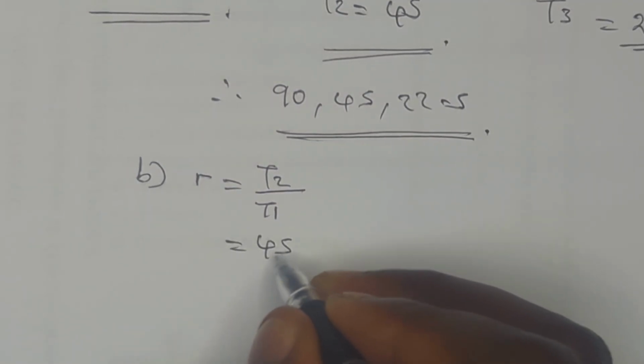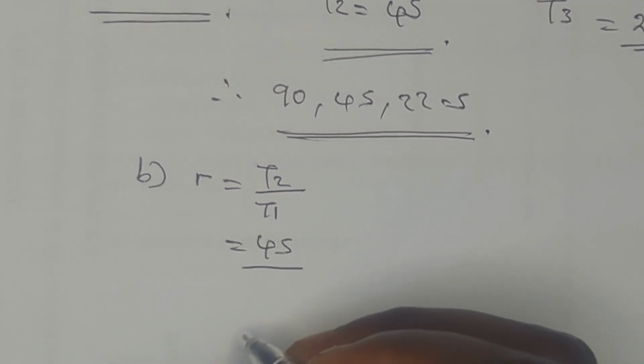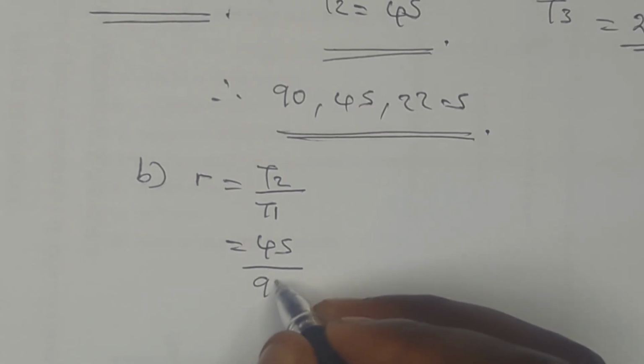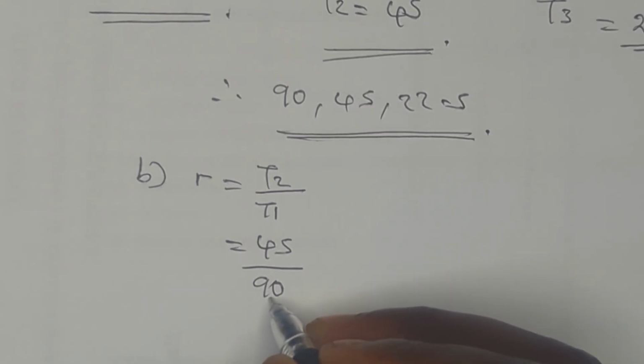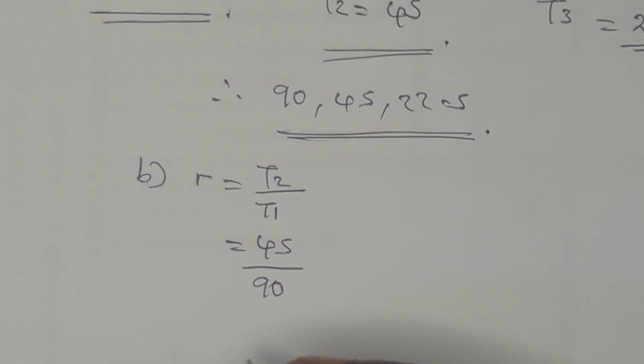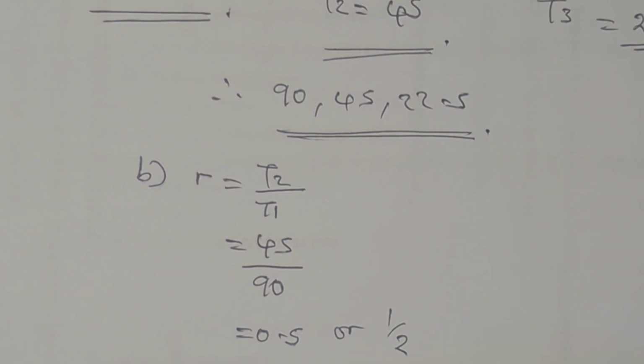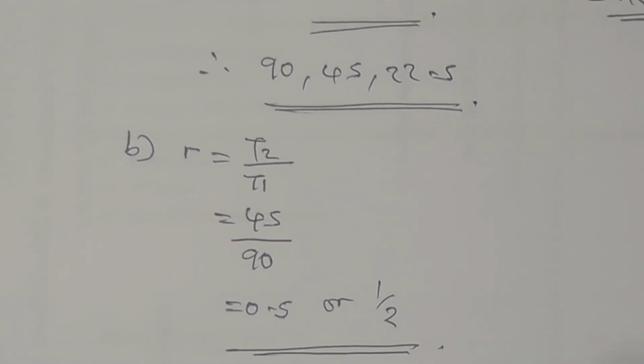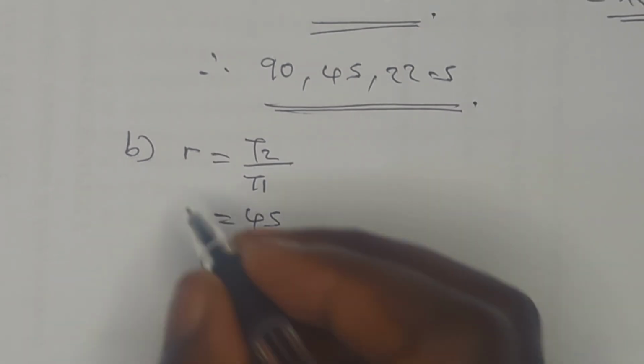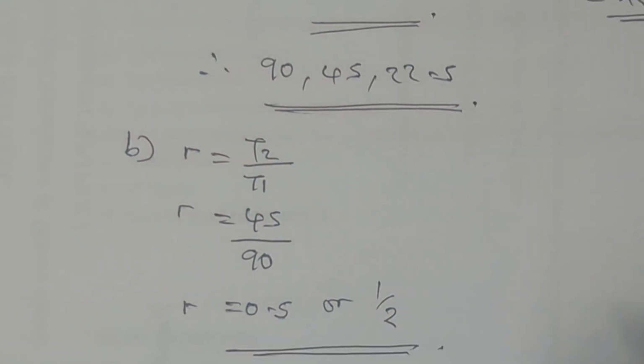So this will be 45 divided by T1, which is 90. If we divide 90 into 45, we're going to have 0.5, or 1 over 2 if we put it in a fraction. So 0.5 or half becomes the common ratio. So this is our R.